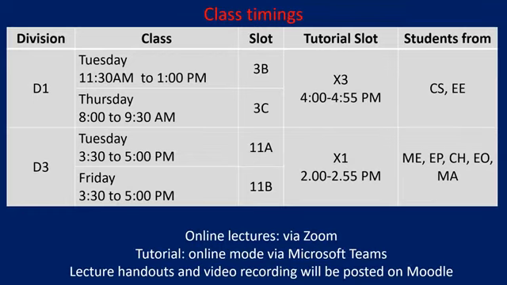You will get a notification through email that you have been registered for this particular team, and then that can be coordinated. For your D3 division, the tutorial slot is X1, that's 2 to 2:55. But I should give you that information by the next lecture. Okay, sir. Thank you.